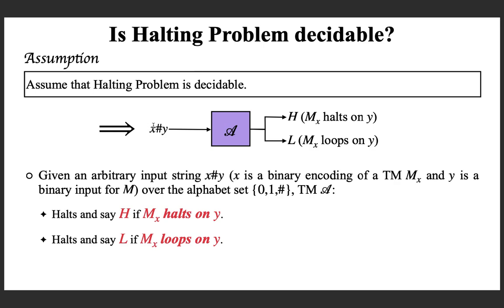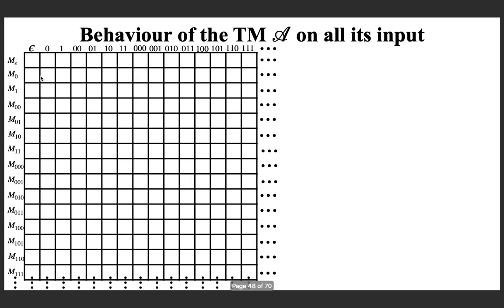Here a row represents a Turing machine encoding. For example, 001 represents the Turing machine whose encoding is 001. Now you may have a question: can 001 be a valid encoding for a Turing machine? If you look at the binary encoding we discussed, no, it cannot be an encoding. We will consider that case.